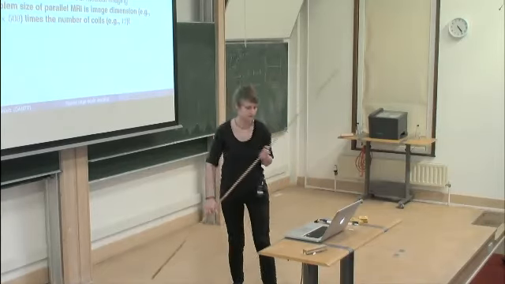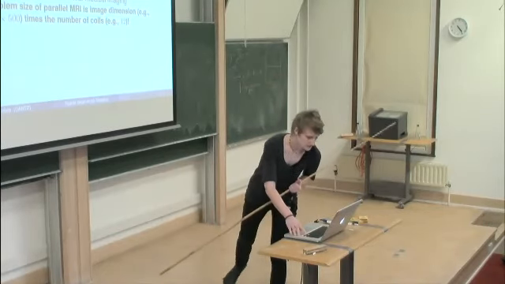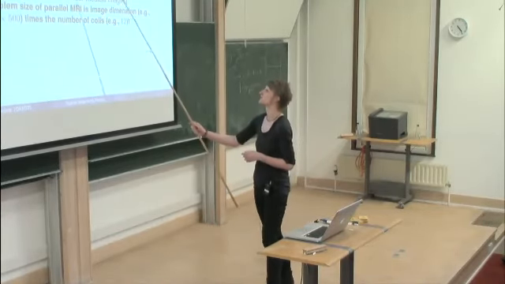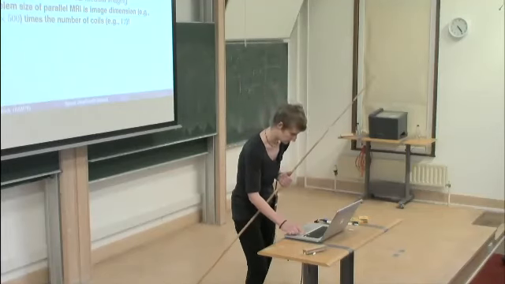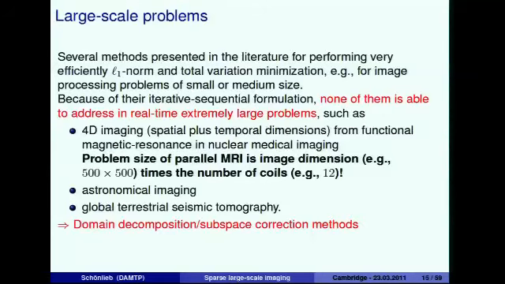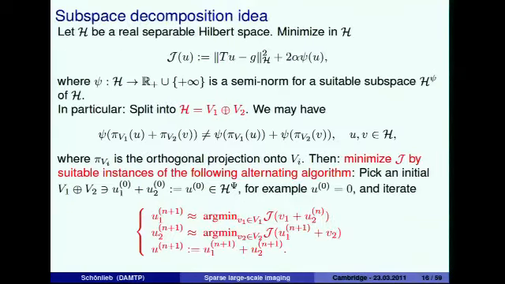We'll talk about this a little later. So you see the problems that we are going to deal with are very large. That's why we want to solve them by subspace decomposition. All right, so what's the idea now, in addition to this picture? What's the idea in mathematical terms?